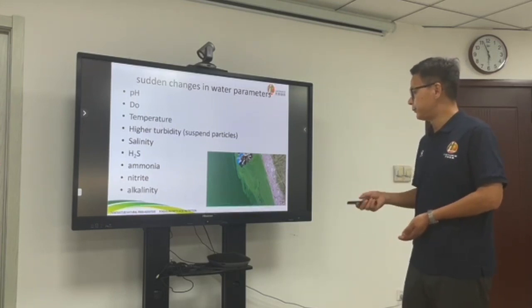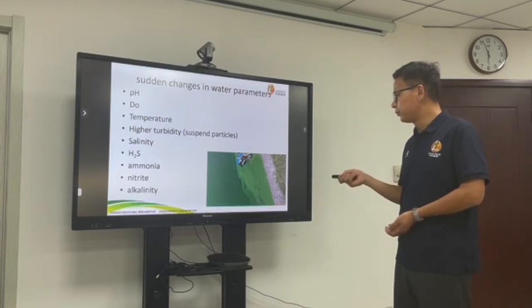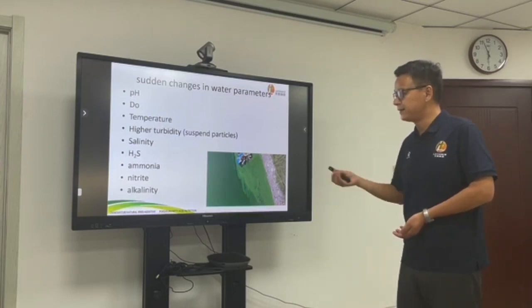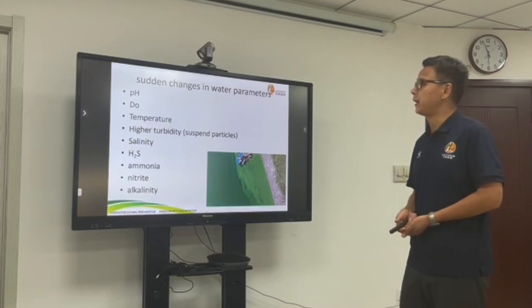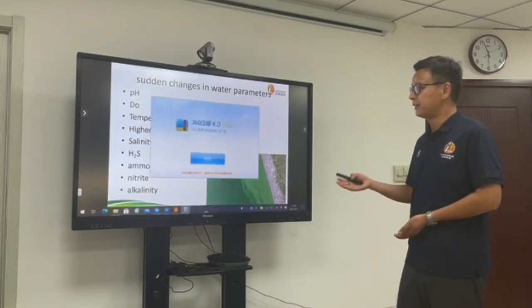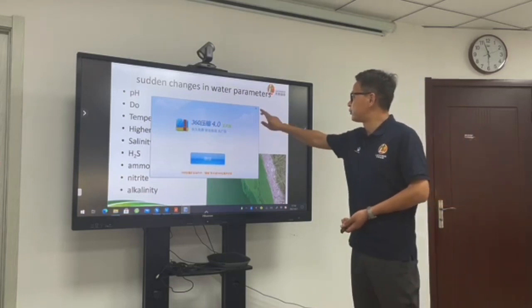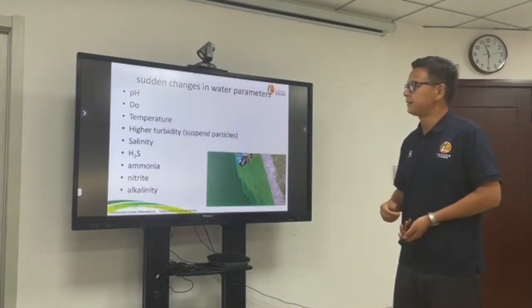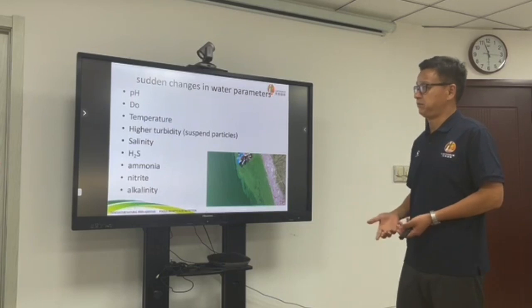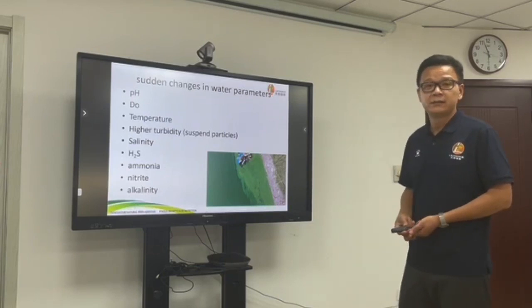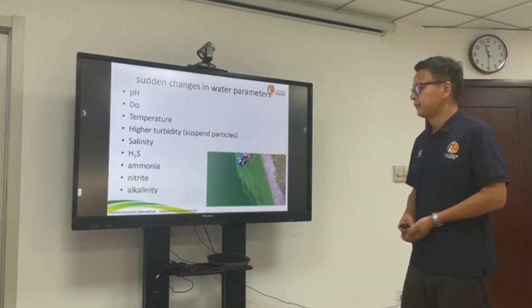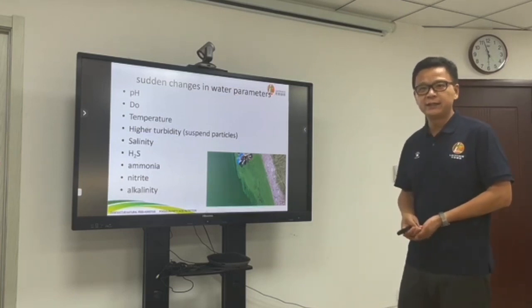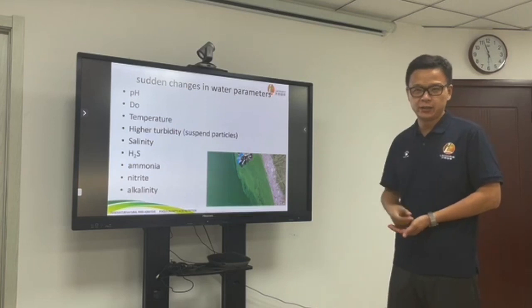And the DO. Especially for high density, make sure the DO is above 5 milligrams per liter. Once it is lower than 3 or 2, it will definitely stress the shrimp, and in the following days the shrimp may get a problem. Another common one is temperature. At this season in China, the temperature fluctuates a lot.